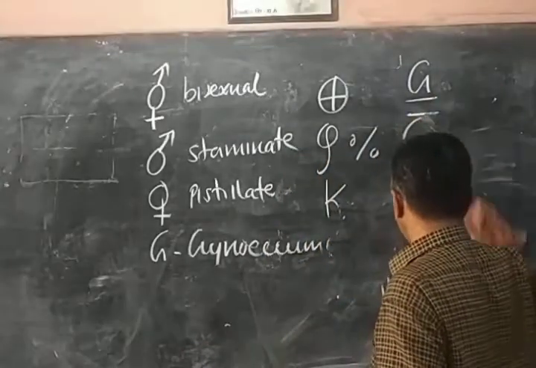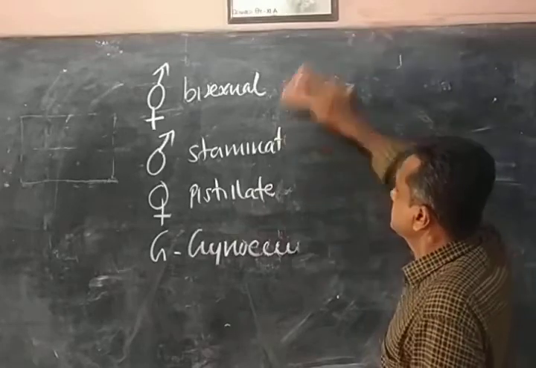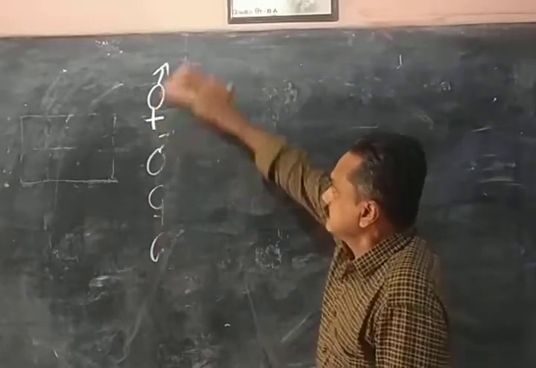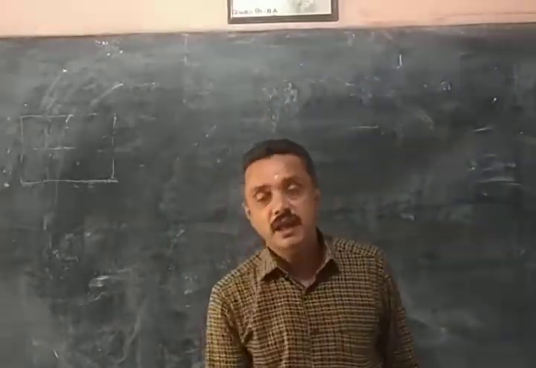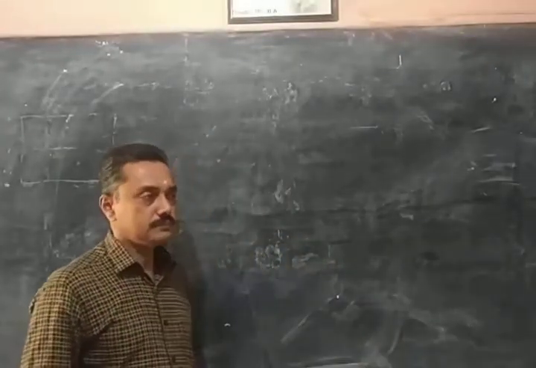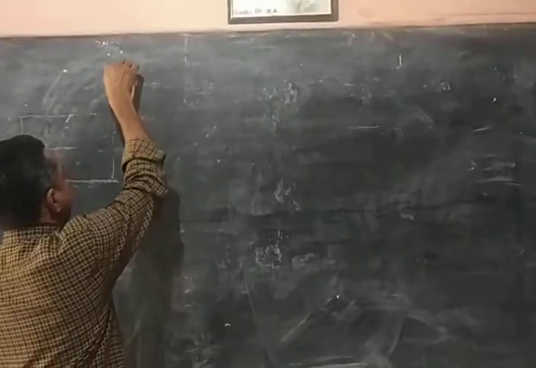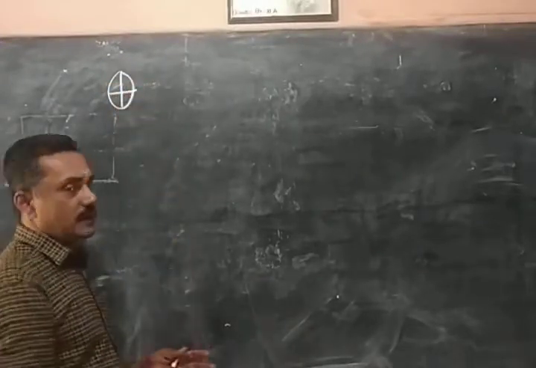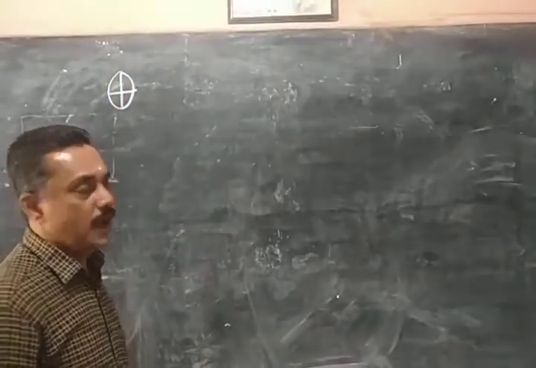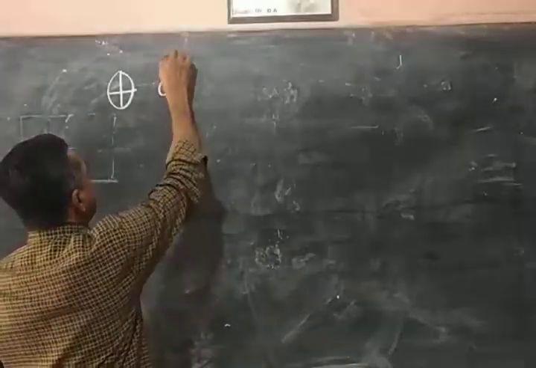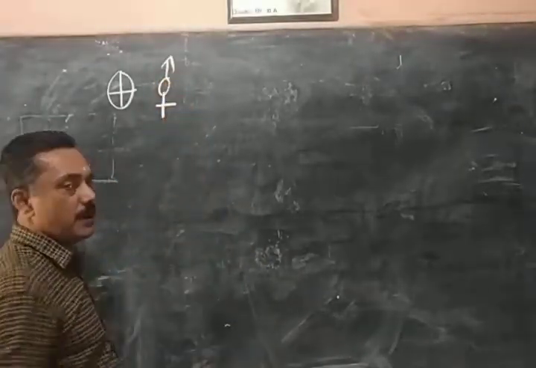I will give one example for that. Flowers are bisexual. The flower is actinomorphic, a circular flower. Both androecium and gynoecium are present.